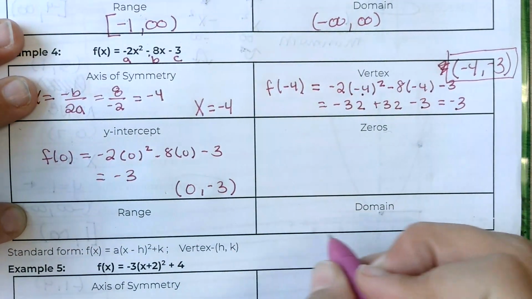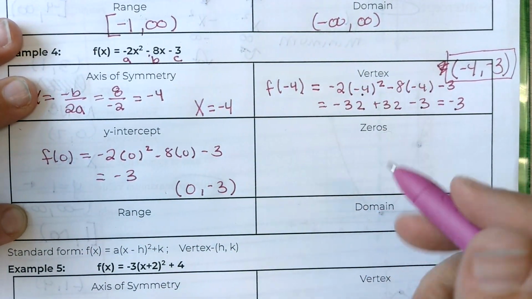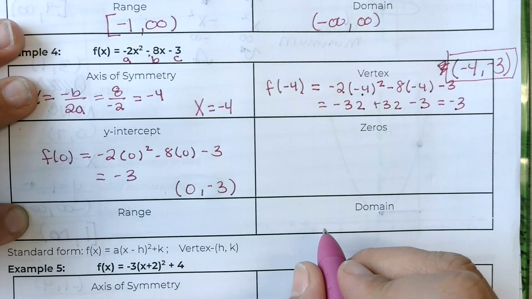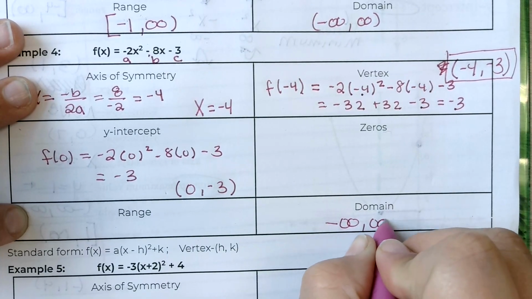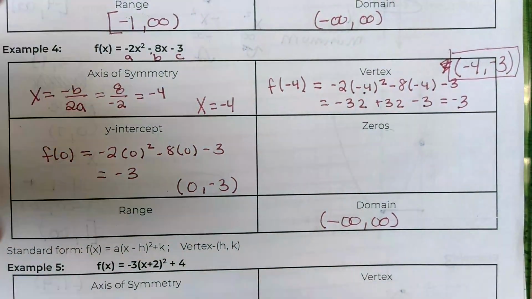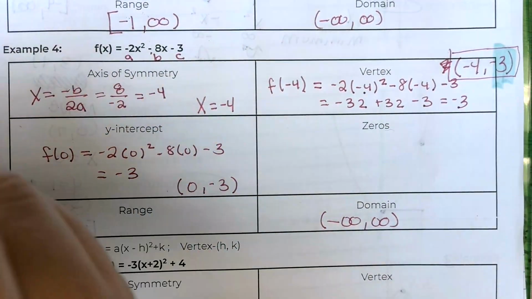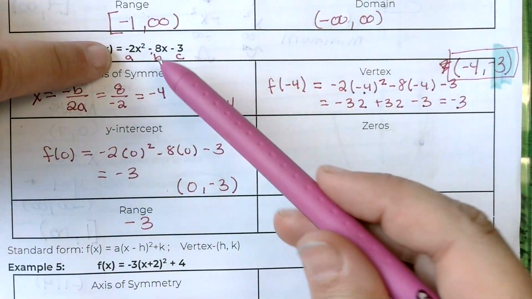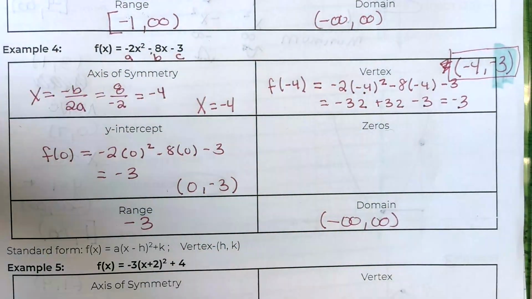I'm going to do domain and range really quickly because our zeros are going to take a minute. Domain, easiest thing on the page. Range, I need the y value from the vertex, negative 3. And then, before I keep going, I need to check the sign of my equation up here.